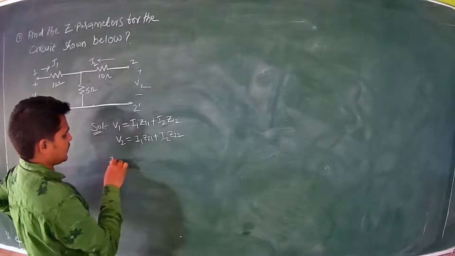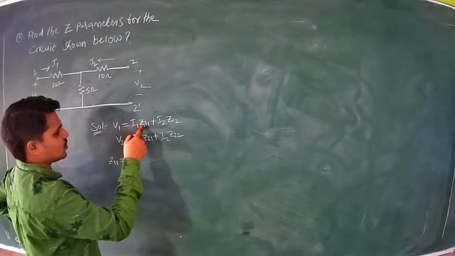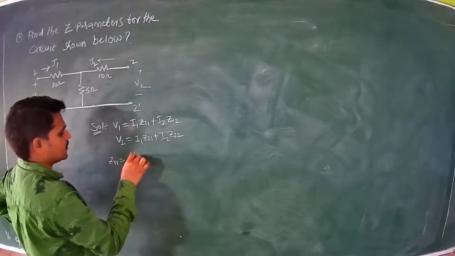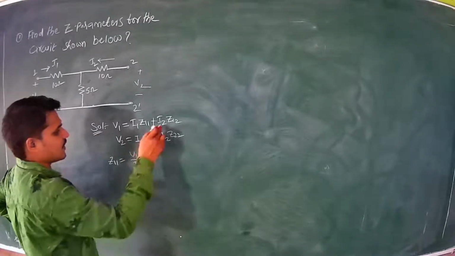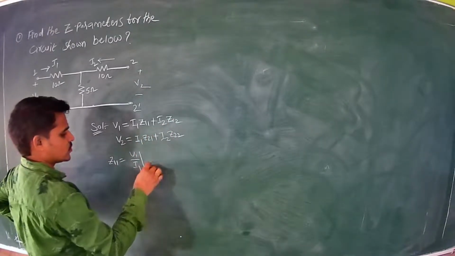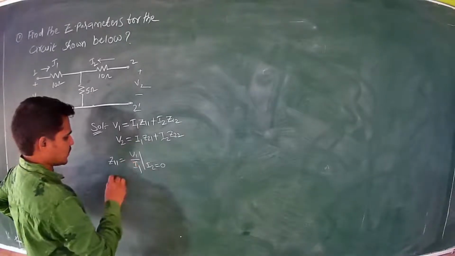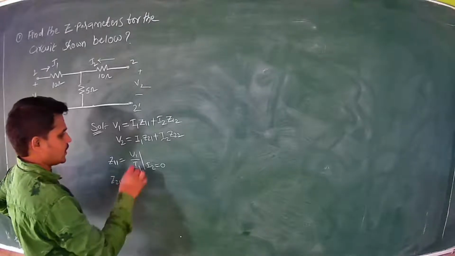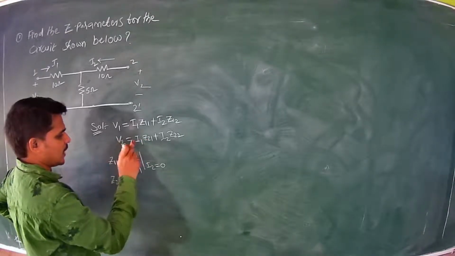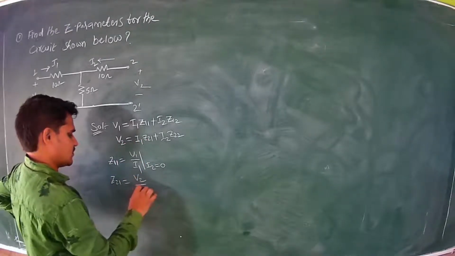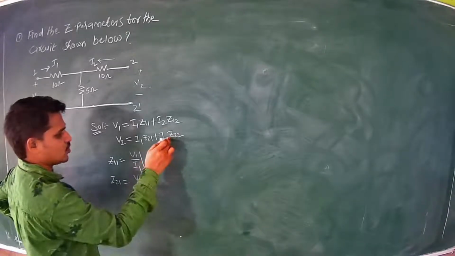So Z11 is equal to V1 by I1 when I2 equal to 0. Next, Z21 equal to V2 by I1 when I2 equal to 0.